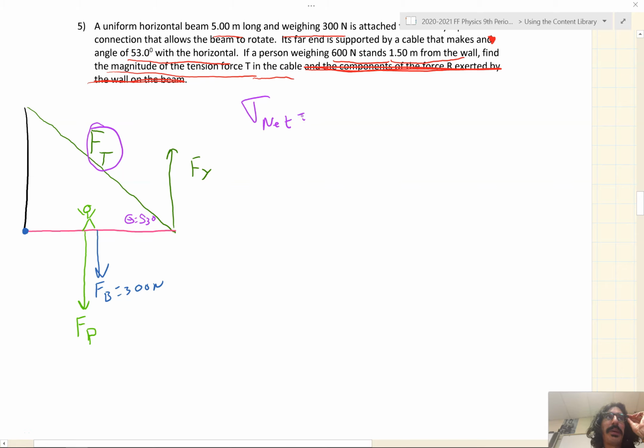And in this case, we have the torque of the cable in the y direction going upwards, minus the torque of the person going downwards, minus the torque of the beam also going down. We want the net torque of the system to equal 0 to prevent the rotation of the beam.